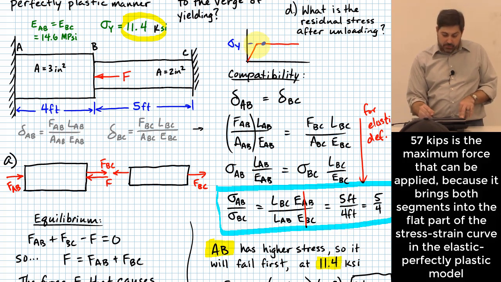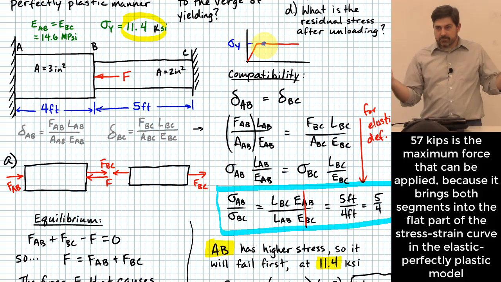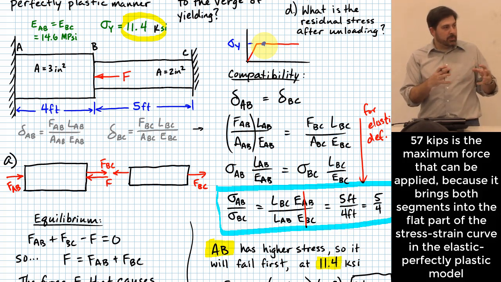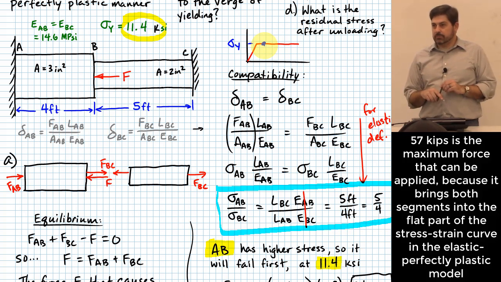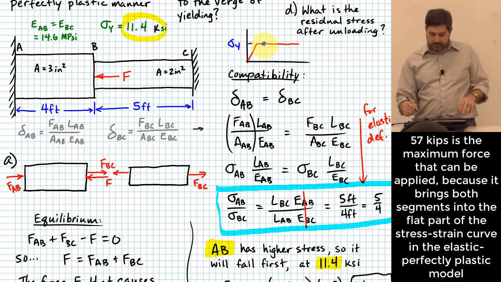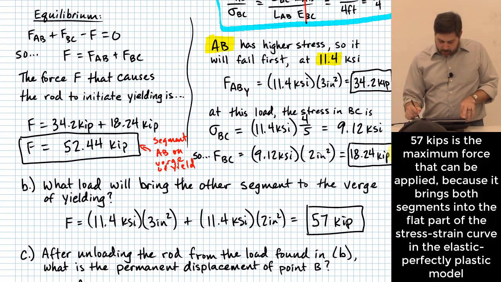And these curves don't let you go higher on the vertical axis. And if both pieces of material have these load points up in the flat parts of the curve, there's no more force available. Both the pieces are going to be deforming plastically as opposed to giving you more force. Does that make sense? Okay. All right, so that's part B.